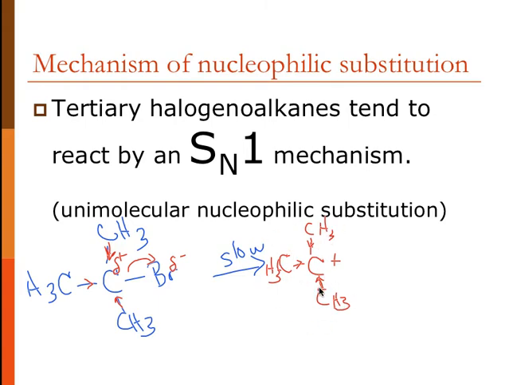It's a full positive overall because carbon has given up its electrons, but the electron clouds of these alkyl groups kind of give up some of their electrons to kind of stabilize this whole carbocation. Okay, and this is called, I'm sorry, carbocation intermediate.